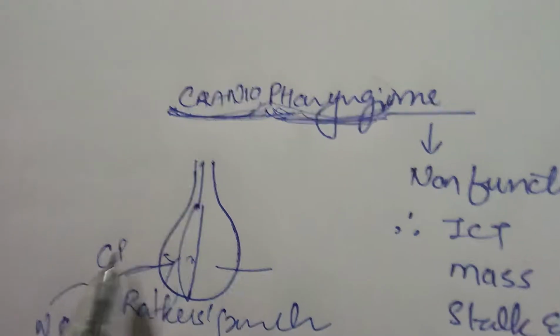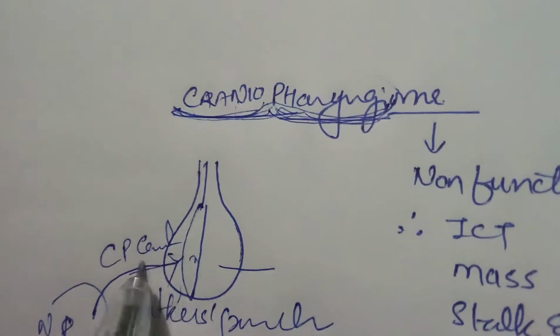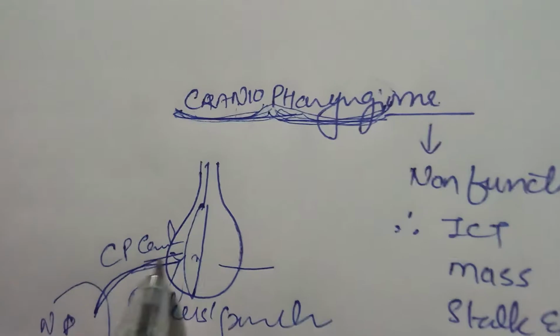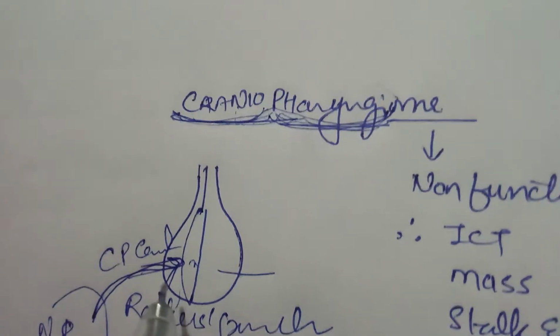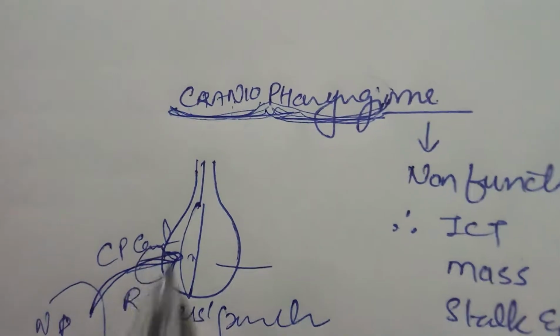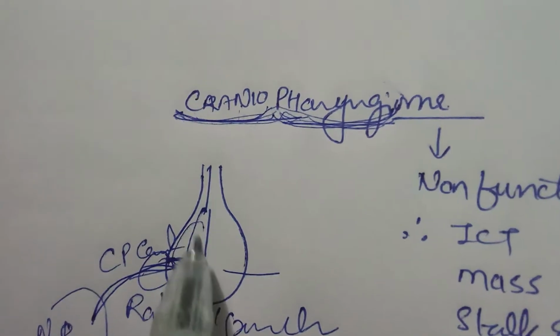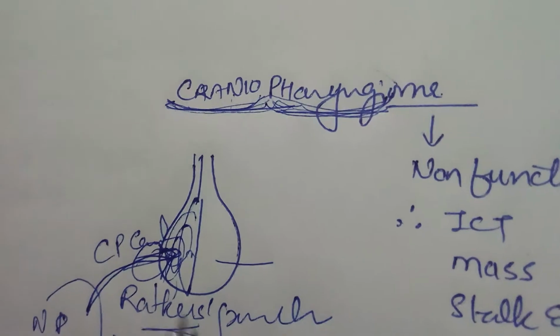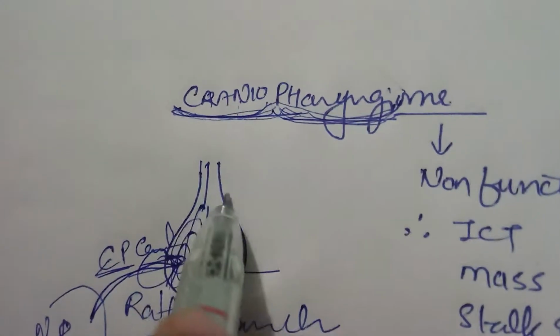And this thing is called the craniopharyngeal canal. So this tumor takes origin from Rathke's pouch. That's why it is called craniopharyngioma.